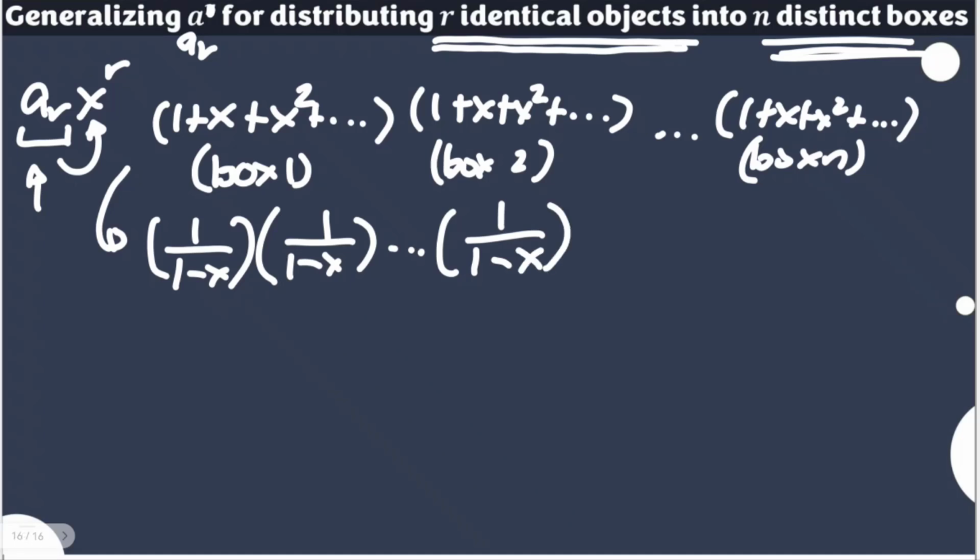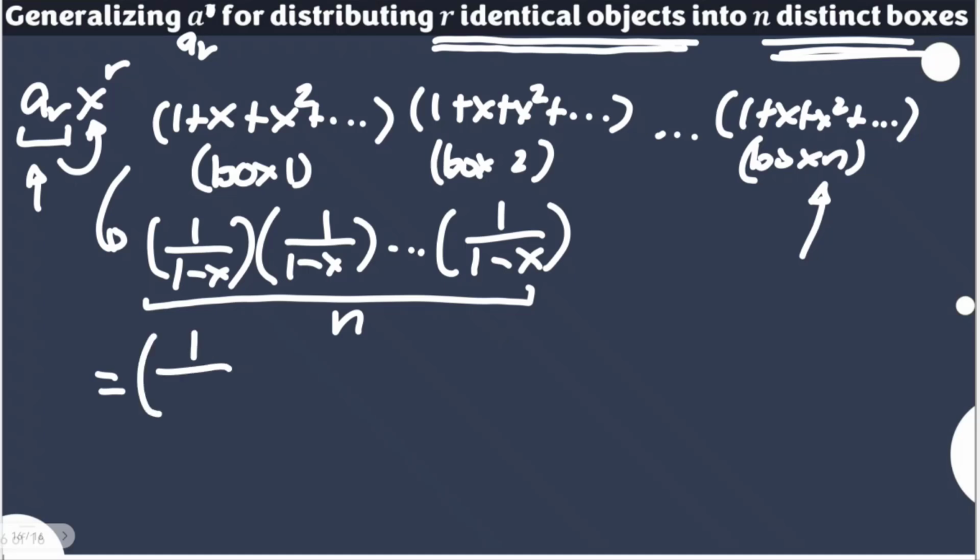Looking at this string of 1 over 1 minus x, they are the same expression, and there are n of them because we have until box n. So we can write it as one exponentiation: 1 over 1 minus x to the power of n. Then we can use the power law by distributing the exponent n to the numerator and denominator.